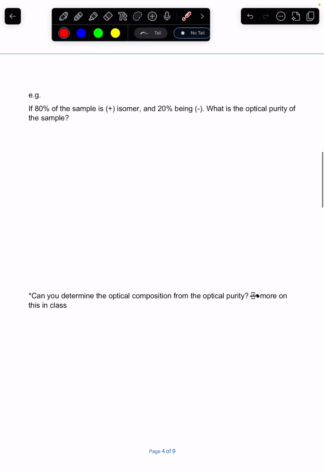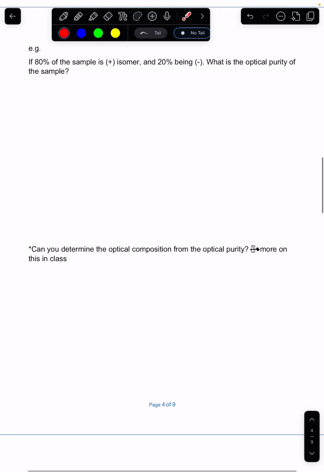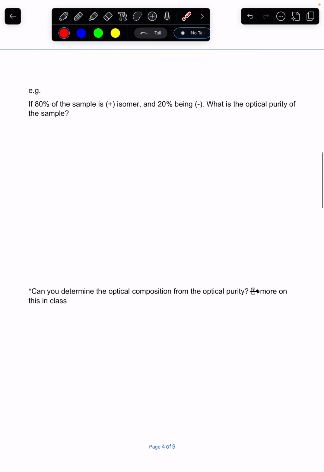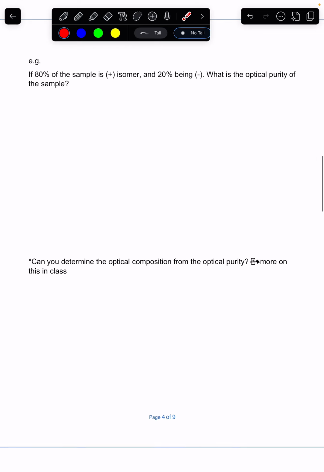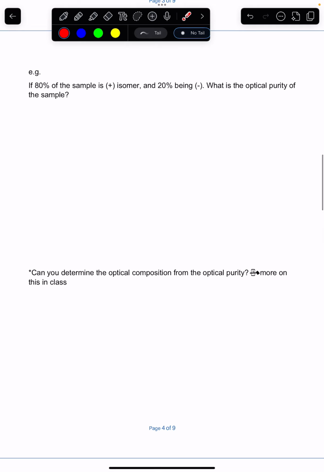Okay, and the crux of the matter is, would you be able to determine the optical composition from the optical purity? And that's an example that we want to visit in class as well, to solve these problems together. So see you then.